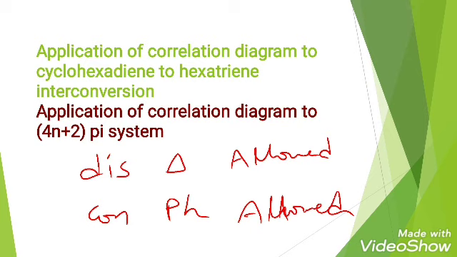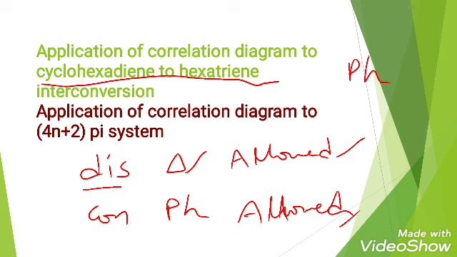So, for cyclohexadiene to hexatriene interconversion, disrotation under thermal condition is symmetry allowed. Conrotation under photochemical irradiation is symmetry allowed. In other words, disrotation under photochemical irradiation is symmetry forbidden, and conrotation under thermal condition is symmetry forbidden.